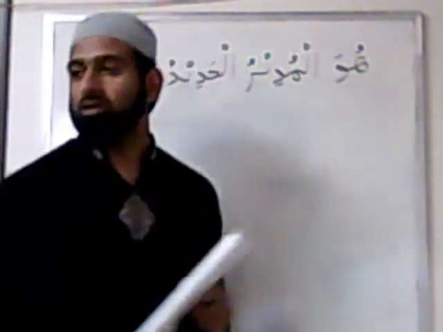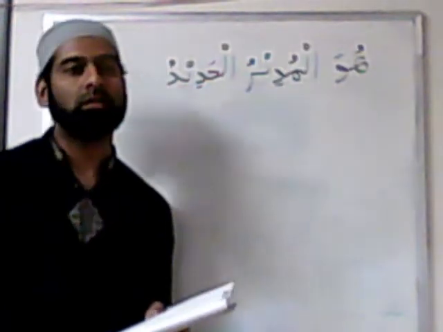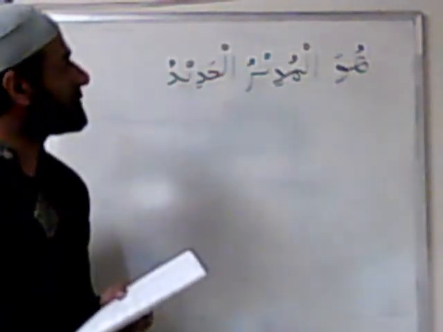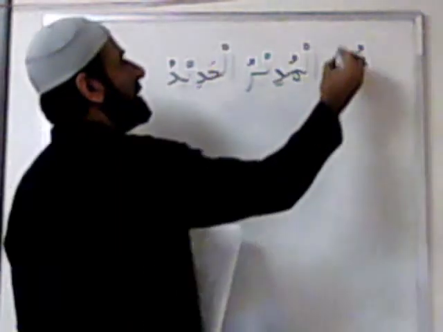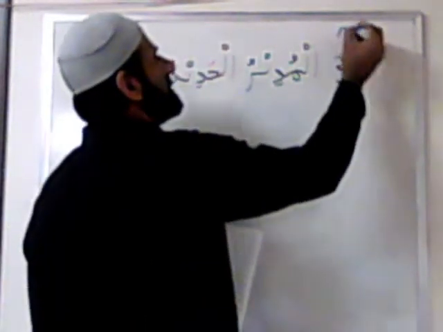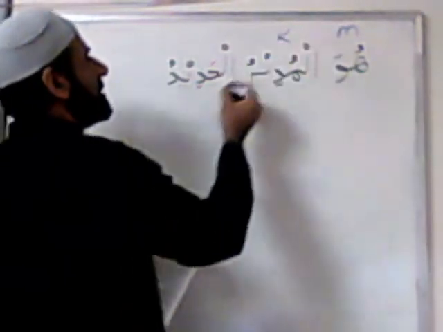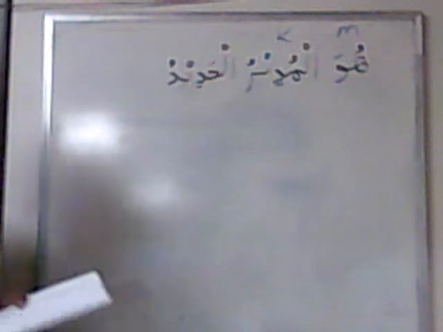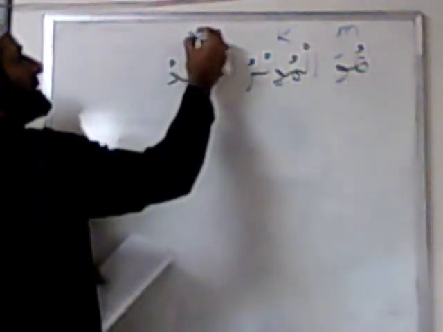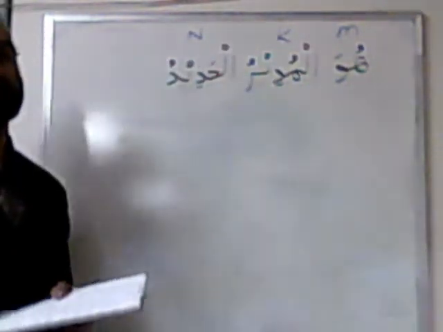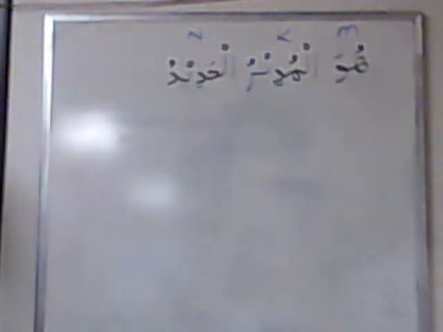So what are we looking for in jumla ismiya? The mubtada and the khabar. Where is the mubtada? Huwa. Where is the khabar? Al-mudiru is your khabar. What is al-jadidu? Naat. So these will be your grammar analysis for this.